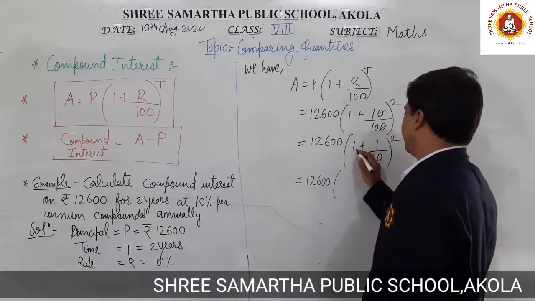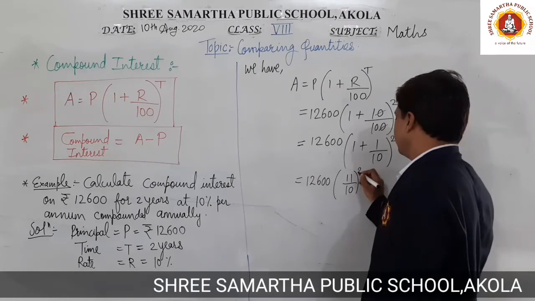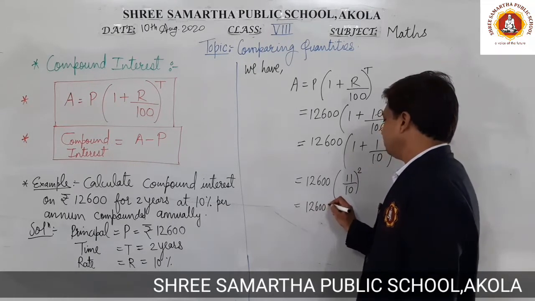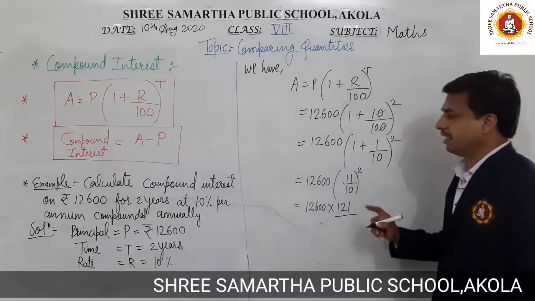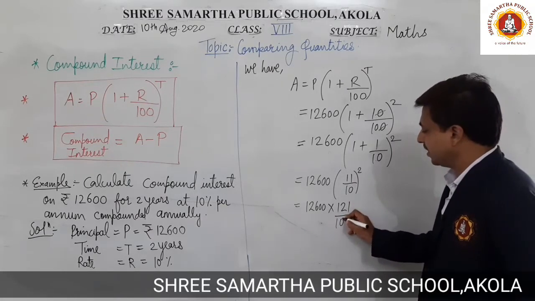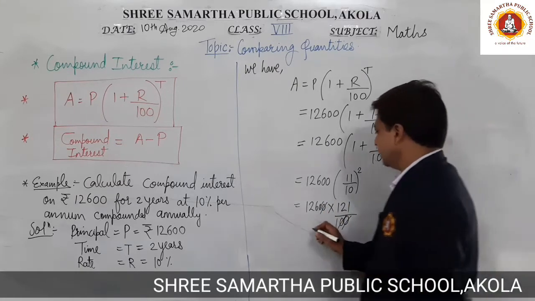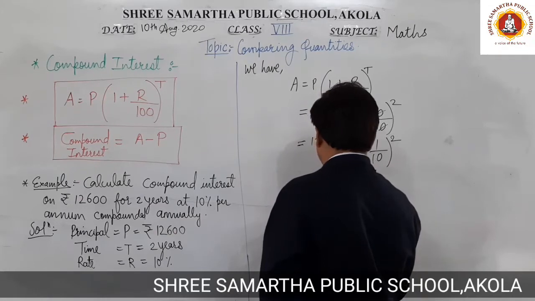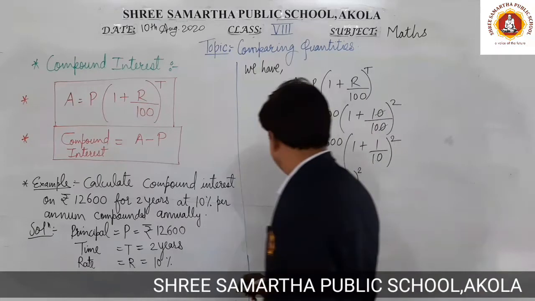Now cross multiply, 10 ones are 10, 10 plus 1 is 11 by 10 whole square. So now we will get 12,600 into 121, the square of 11 is 121, by 10 square, that is 100. Now this 0 0 cancel, 0 0 cancel. Therefore we will get 126 multiplied by 121, and now you have to calculate.